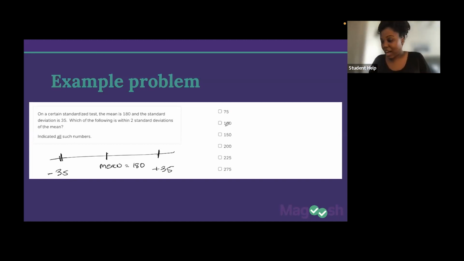Oh, I forgot. You can't answer this one because it's a multi-select. Never mind. So can you put your answers in the chat? Or give me one number that you know would work. Which of the following is within 2 standard deviations of the mean?